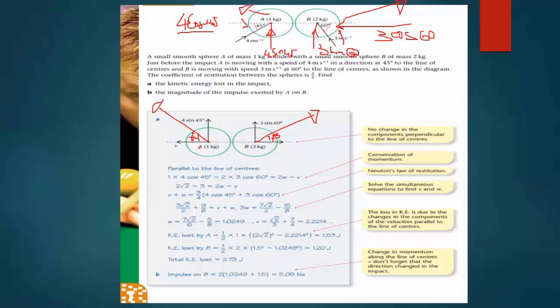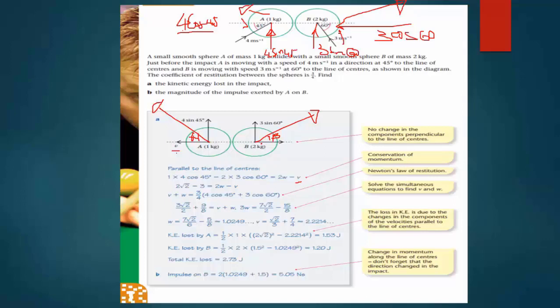So after collision we have V. Okay, as we said, direction ni negative, kuna kwa minus V, minus V again times mass ambayo ni 1, ndio imebaki V peke yake.